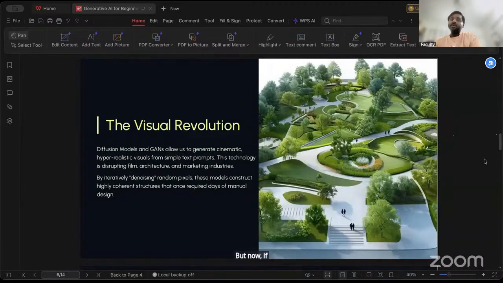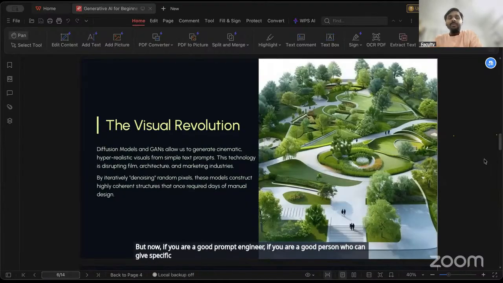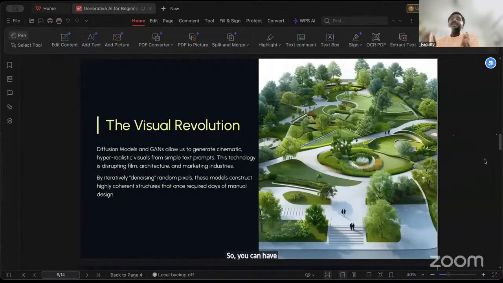But now, if you are a good prompt engineer, if you are a person who can give specific prompts, you can have detailed creative articles, creative images, creative videos as can be seen in this image here. With the combination of GAN and diffusion models, we can have realistic artifacts. We can create required delusional or imaginary art as well. So that is now possible through AI.